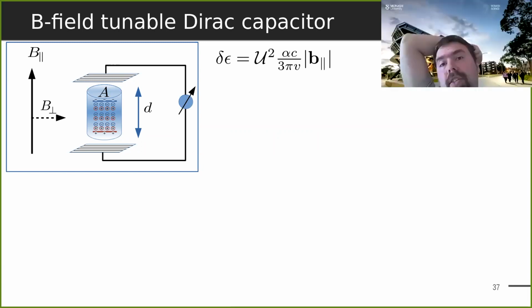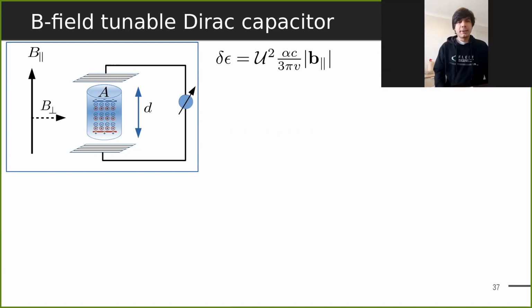I have a question. You discussed nonlinearity in magnetic field, but what about nonlinearity in both, the term proportional to E and B at the same time, for example, the scalar product? Very good question. We have a term in this energy density that goes like E dot B, and this does not give you a nonlinear response.